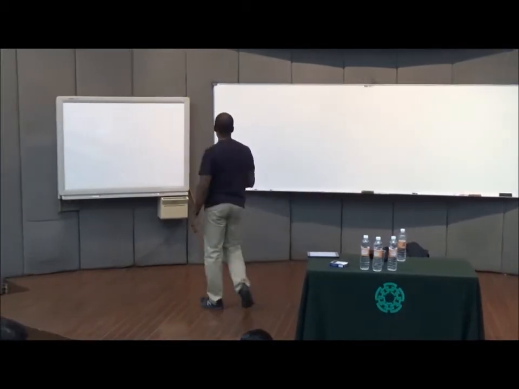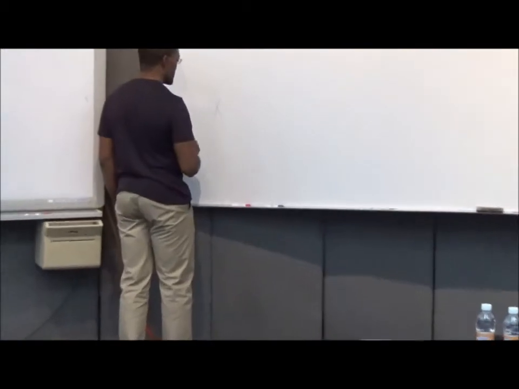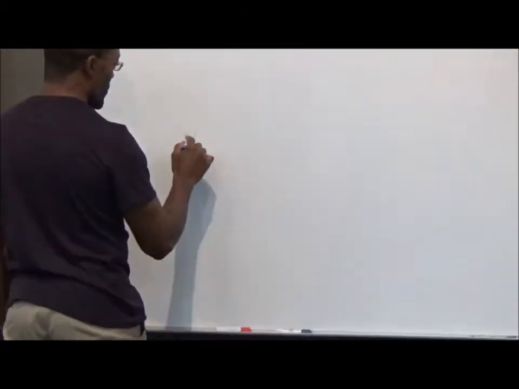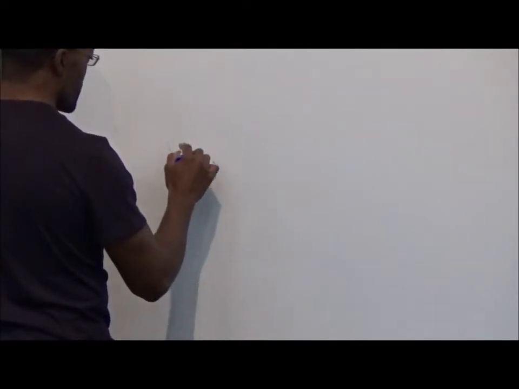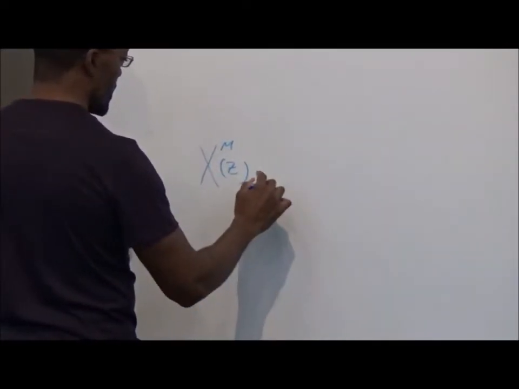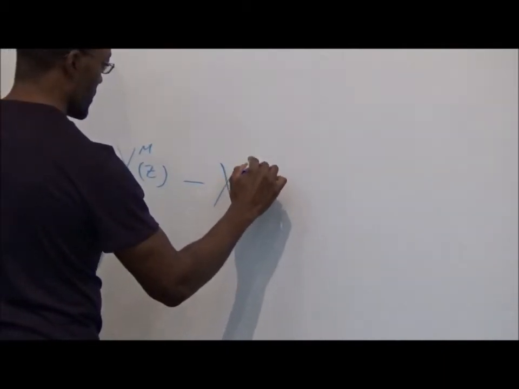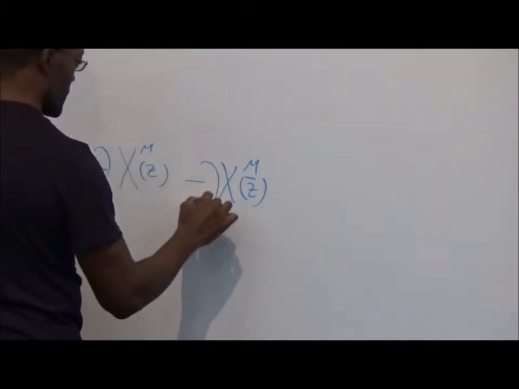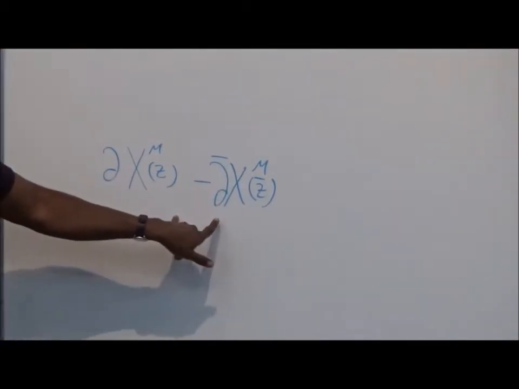You can see that precisely from the fact that whether a condition is Neumann or Dirichlet comes from whether I take the sum or difference of these two derivatives.